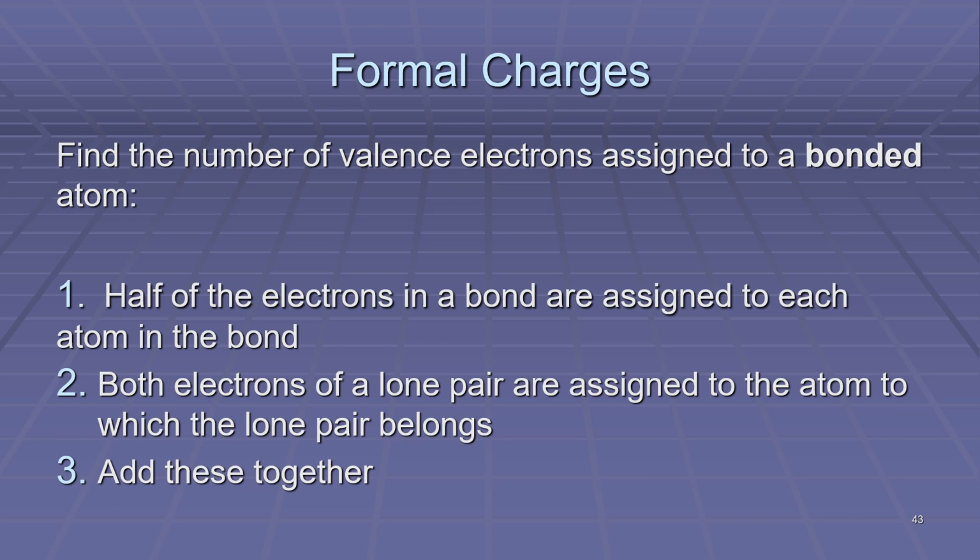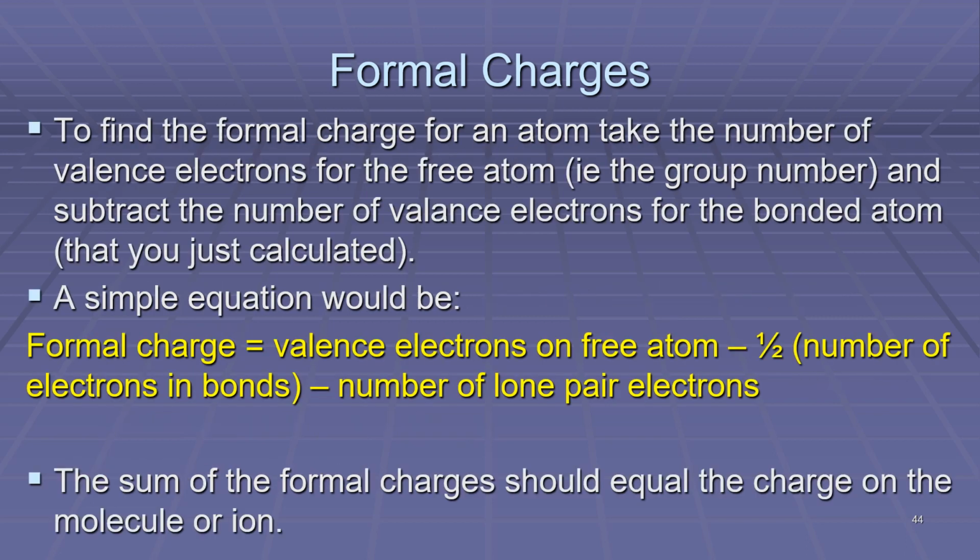You add these together, and then subtract that from the number of valence electrons for the free atom, i.e. where you came up with in the first place, the group number. So it sounds a whole lot more confusing than it really is.